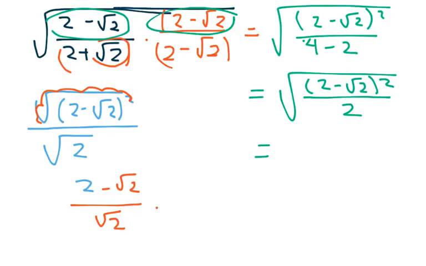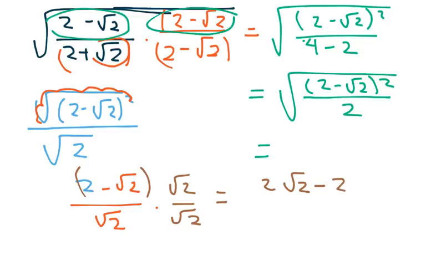We have to rationalize this again. Let me change colors here. Let me use brown. So I'm going to rationalize this and multiply this by root 2 over root 2. And we're going to get 2 root 2 minus 2 over 2. And I've also forgotten to keep putting my negative here. This is all negative. You cancel out the 2's.